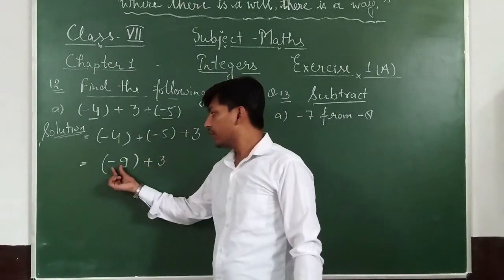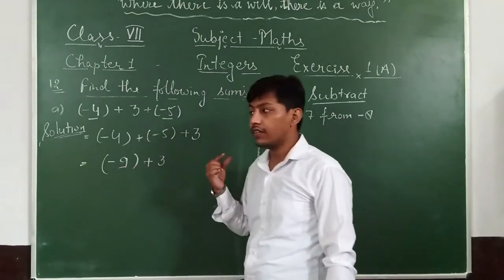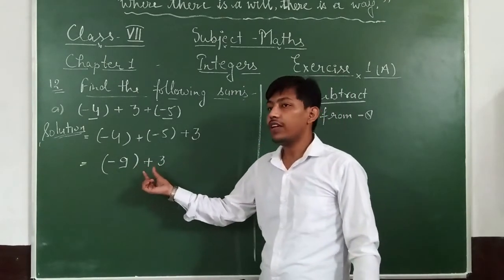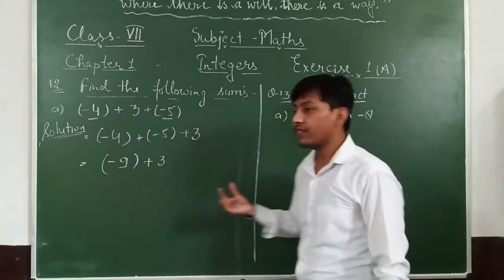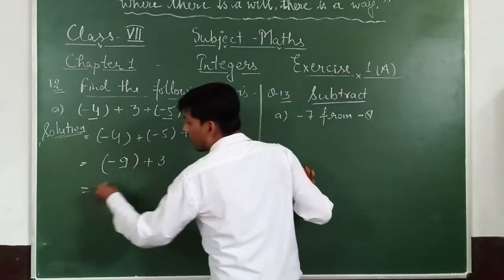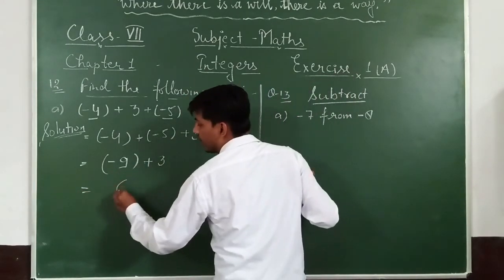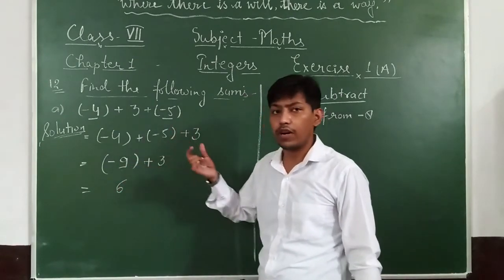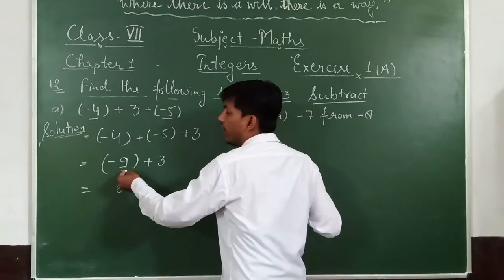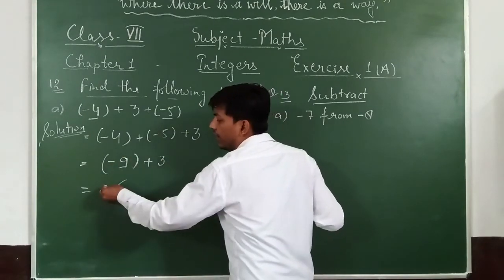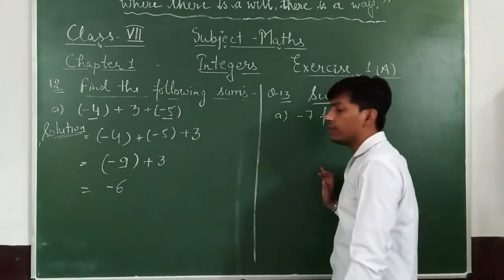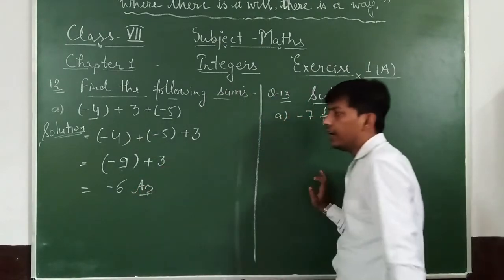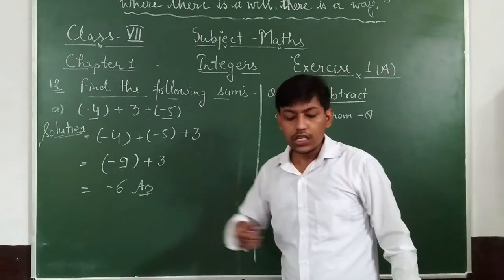So when we have this type of condition, we subtract them as whole numbers. 9 minus 3 is 6. And put the sign of the greater numeral value. 9 is the greater numeral value and it has a minus sign, so put minus before 6. So the solution of this part is minus 6.